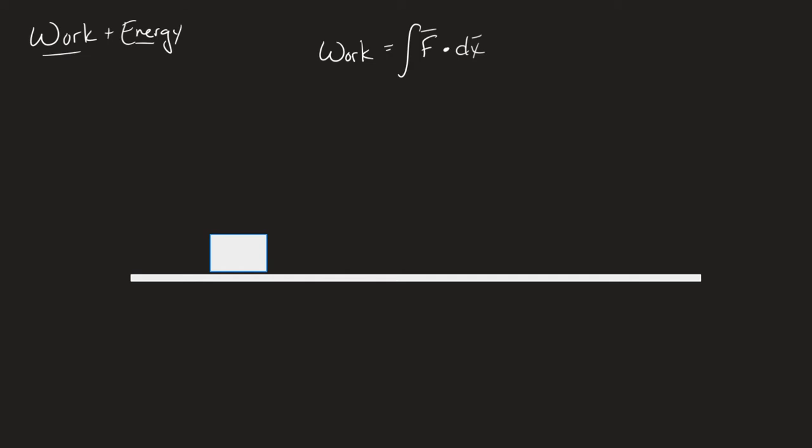What if I had a pulley here, and a rope attached to the box, and something pulls downwards on the other side? This is a great example of a situation in which the force is changing all the time.